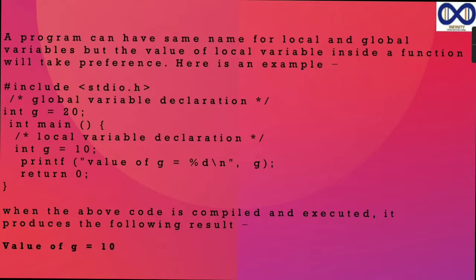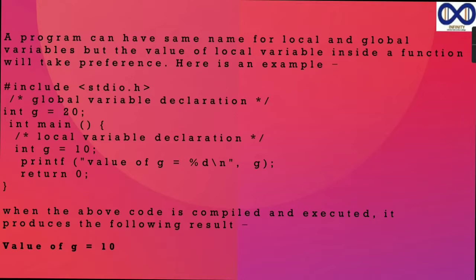Here we have declared the global variable int g equals 20, then int main, and the opening of the braces. Then the local variable declaration, int g equals 10. Print the value of g with percentage d slash n. You already know about the new line. Here we print the value of g. Then return 0 at the end of the program, and the closing of the braces.